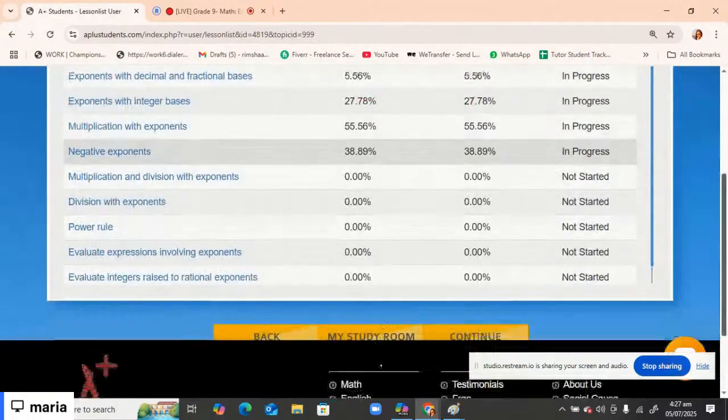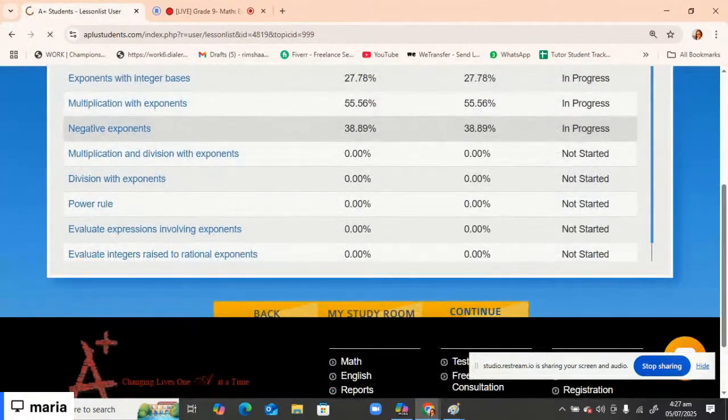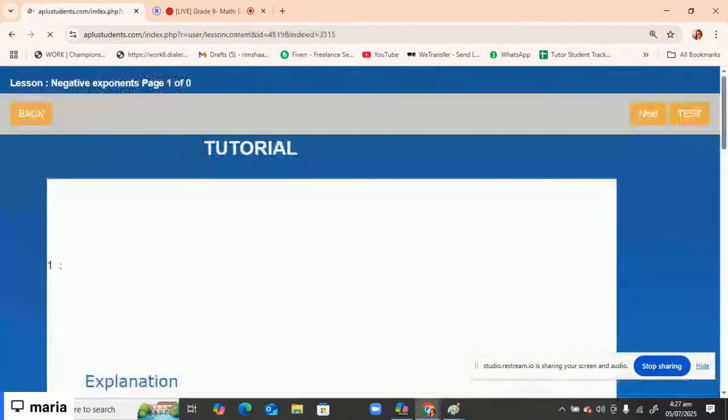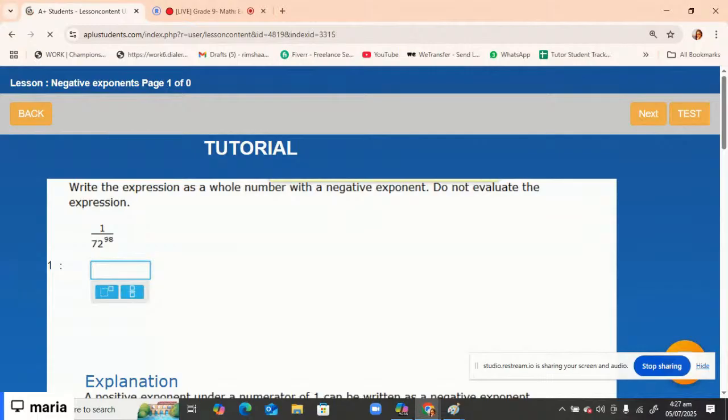Negative exponents. Here, write an expression as a whole number with a negative exponent. Do not evaluate the expression, okay?